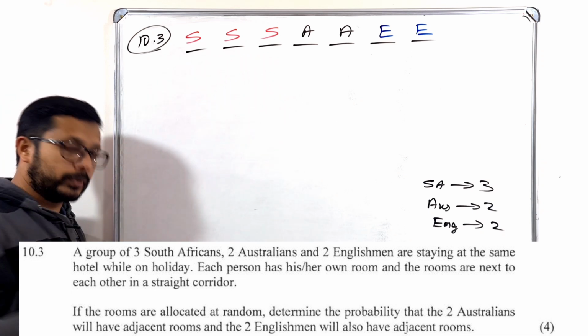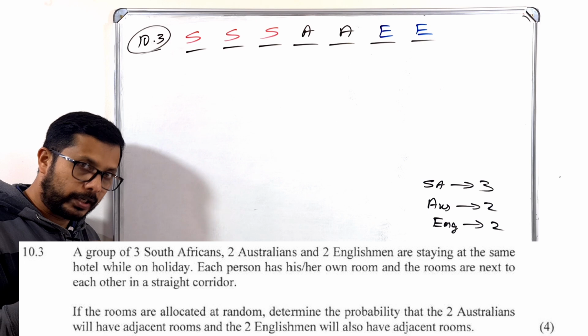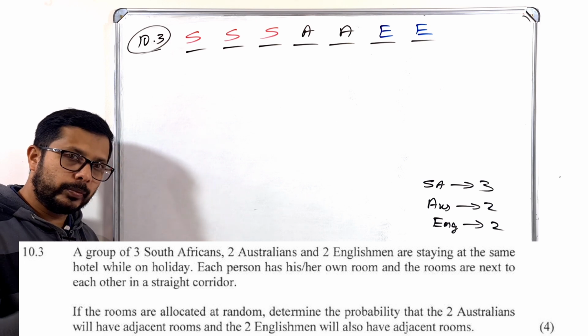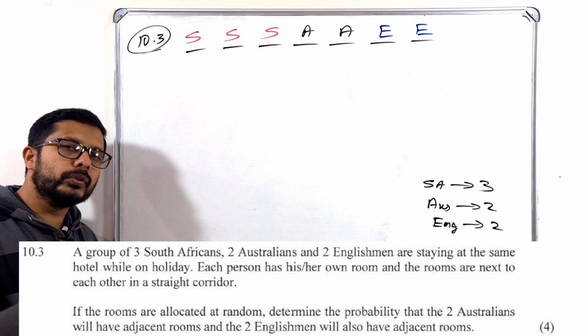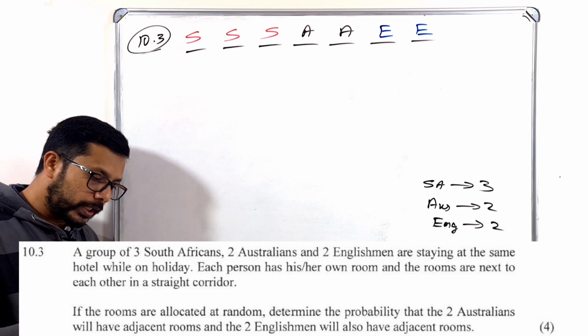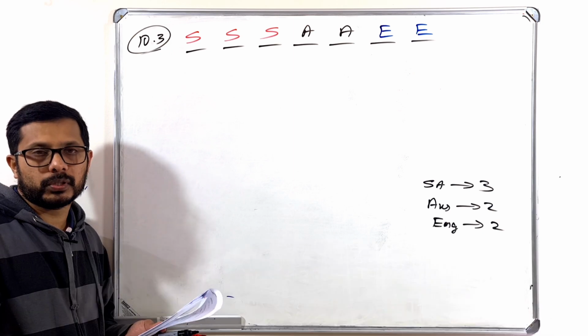Continue reading that question. Determine the probability that 2 Australians will have adjacent rooms and 2 Englishmen will also have adjacent rooms.